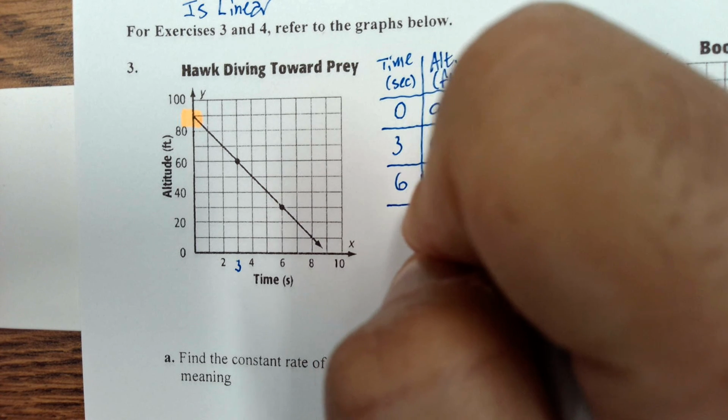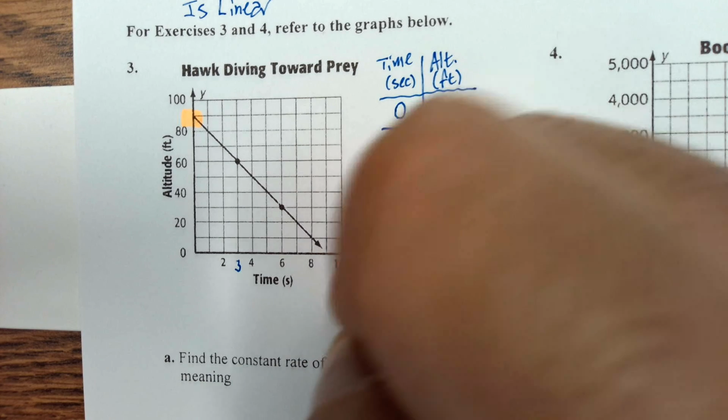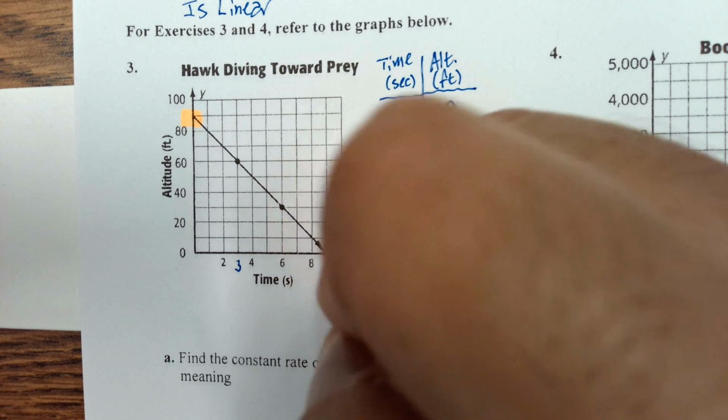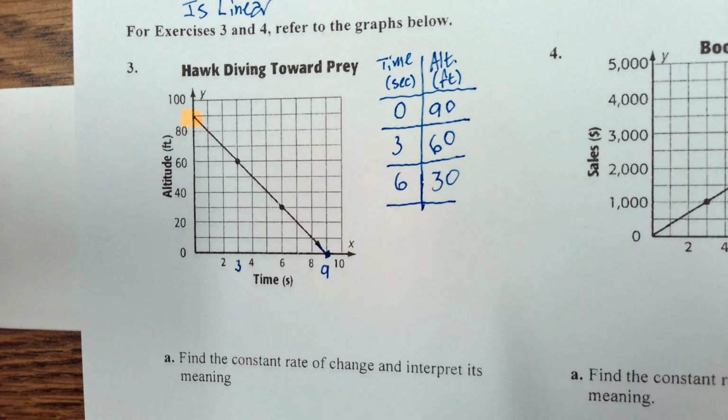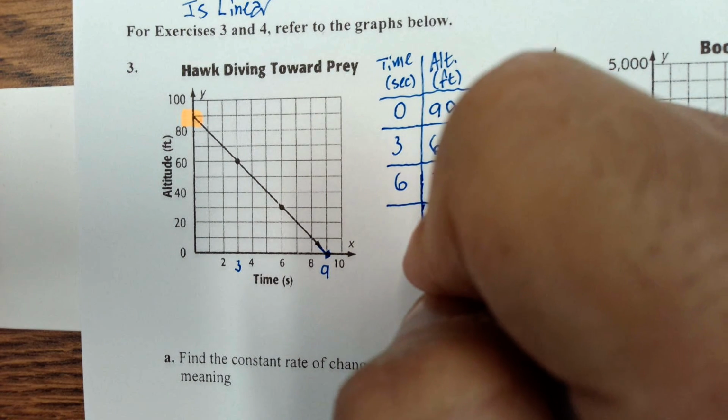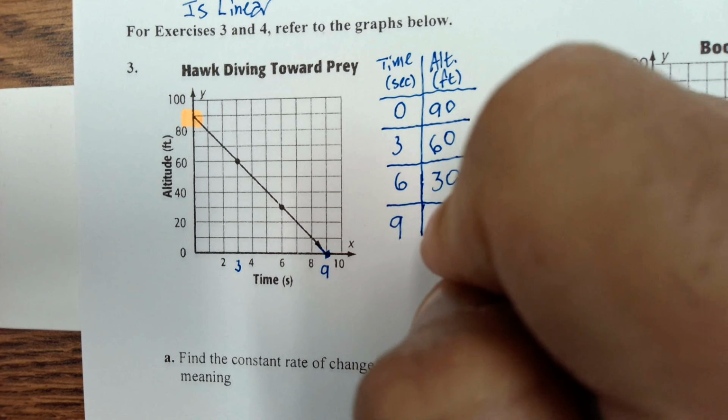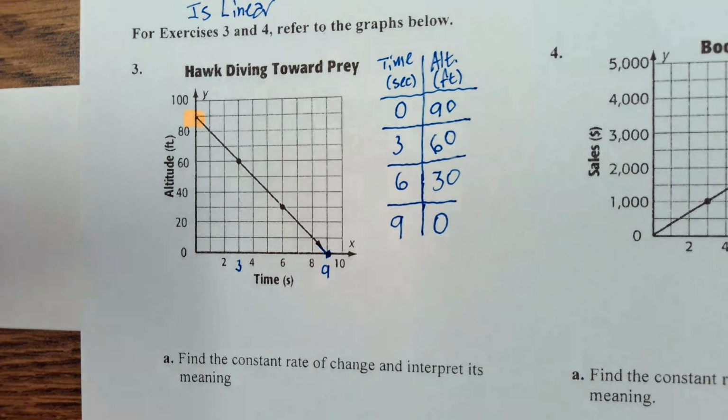And let's see where it ended up. Looks like if we extend this line, here at 9 seconds. Yeah. It reached its prey or ground level, or sea level.